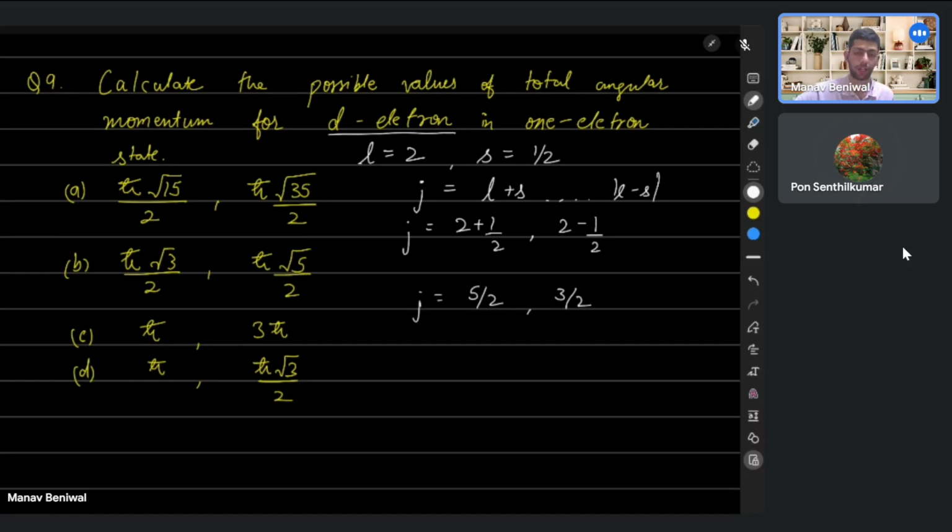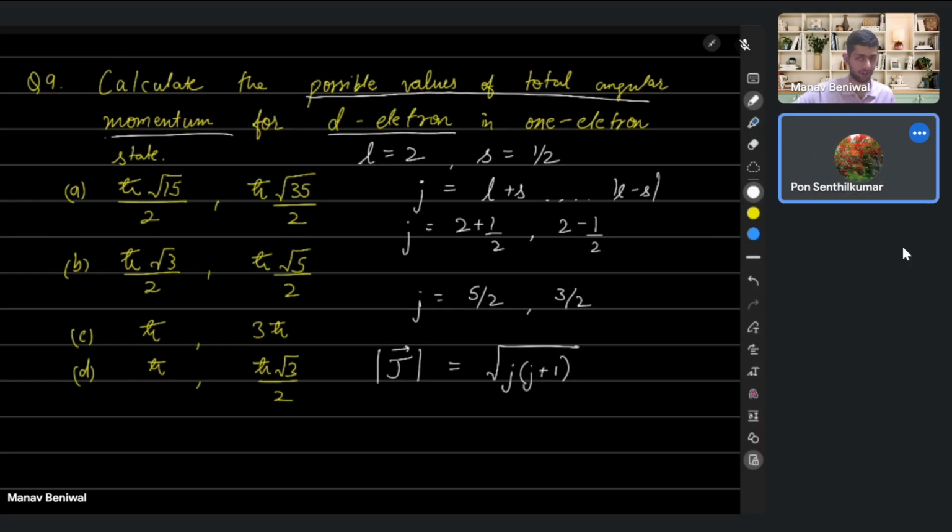Okay, these two values. Now, this is the quantum number J, right? And what we are asked to calculate is the possible value of total angular momentum, which will mean the magnitude. And we know how to find the magnitude. So instead of L, this time we have J. So what will be the value? Under root J times J plus 1. Just like earlier. Instead of L, we have J. Just the same thing, right?